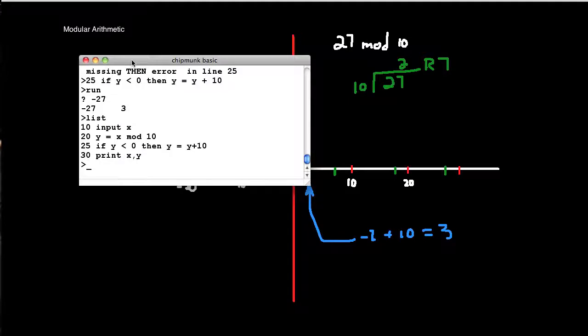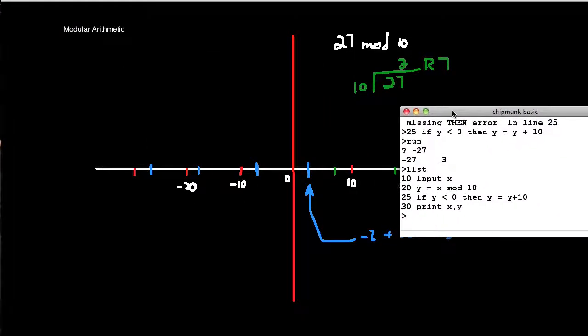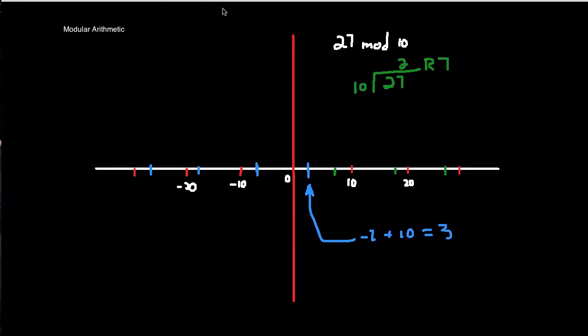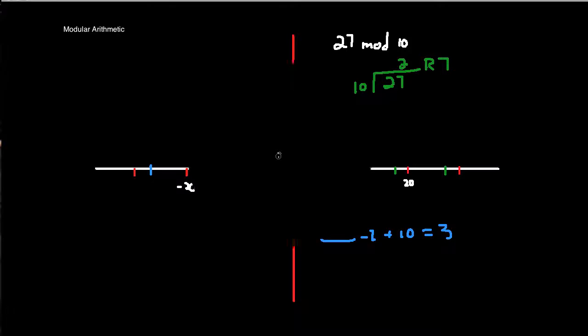Now, let me give you an idea of where I'm going here and what I want to try to do with this modular operation. Let me erase all this here. What I want to do is look at the alphabet.